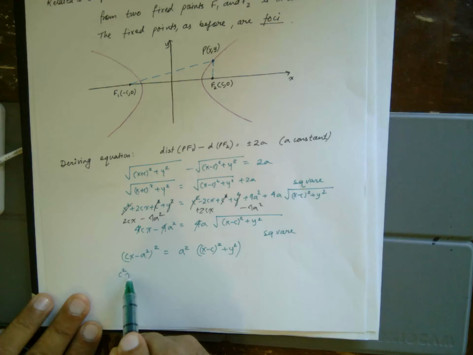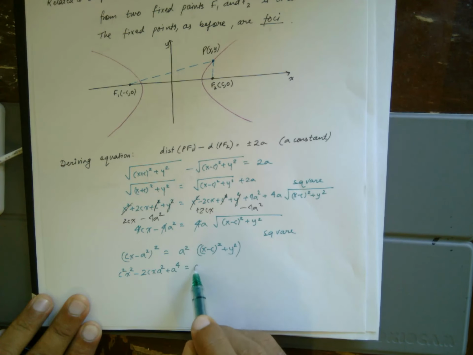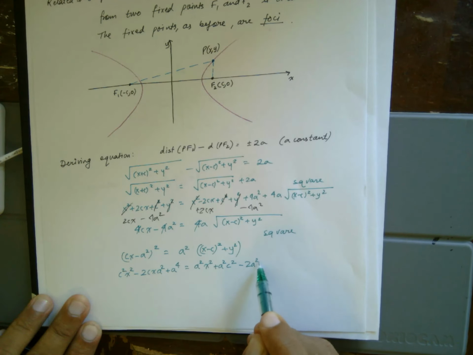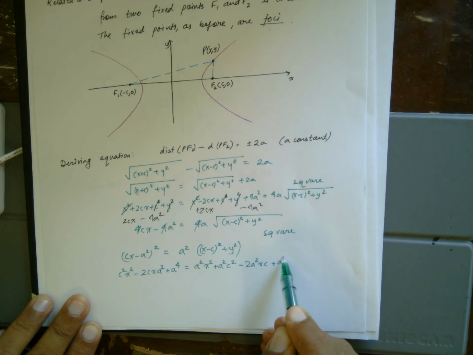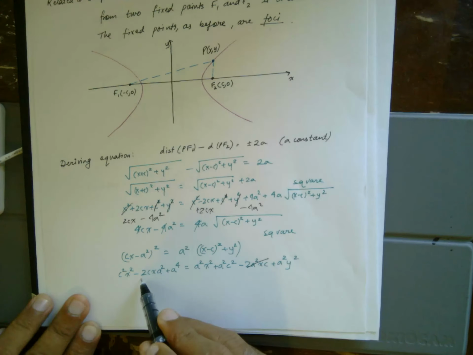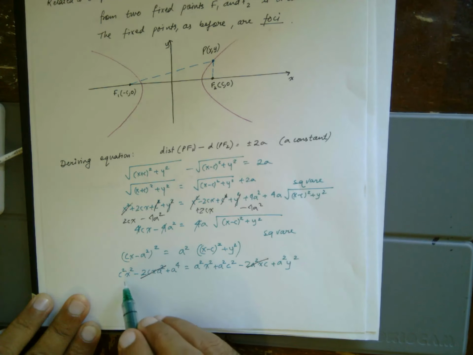This is c squared x squared minus 2cx a squared plus a to the 4 equals a squared x squared plus a squared c squared minus 2a squared xc plus a squared y squared. So again, this term cancels out.